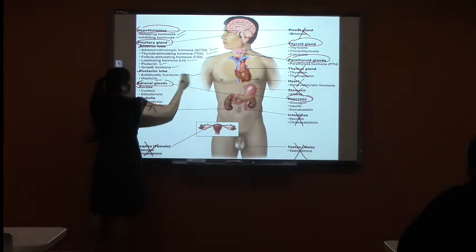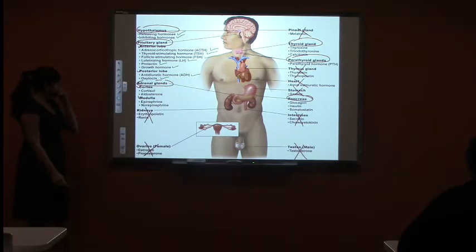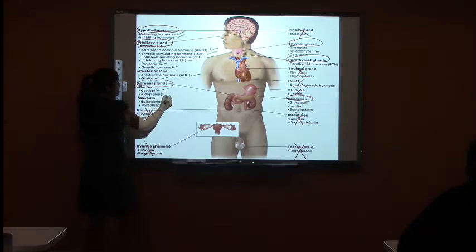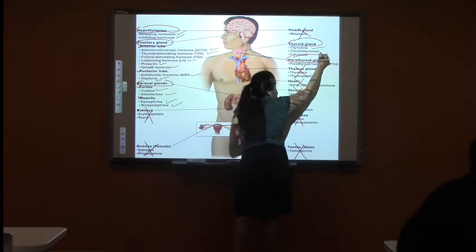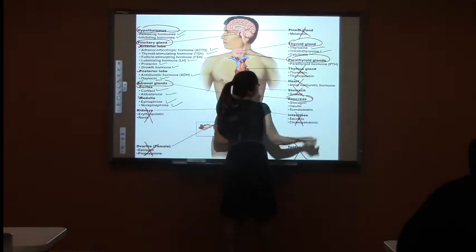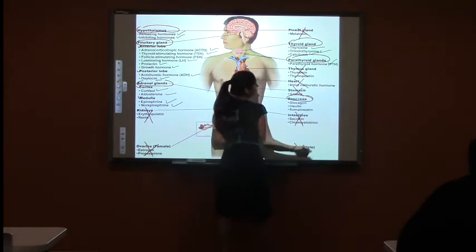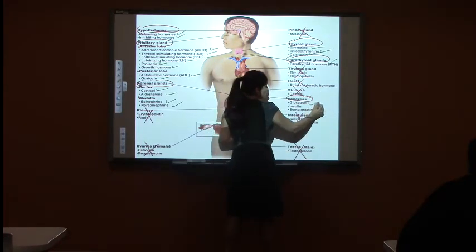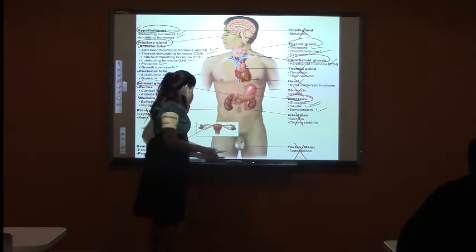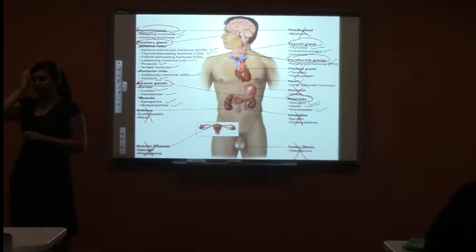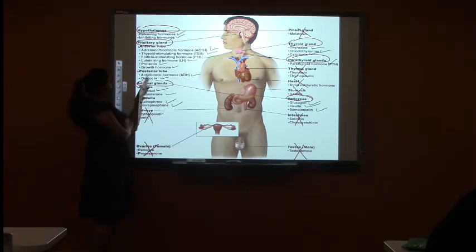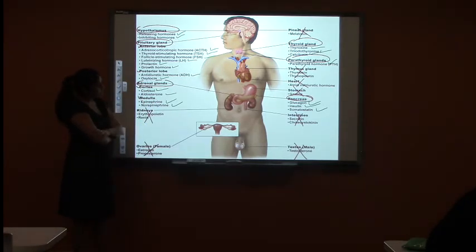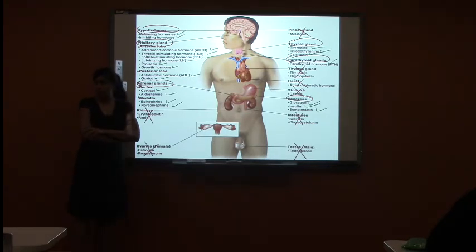The posterior lobe: ADH and oxytocin. The cortex: cortisol and aldosterone. The medulla: epinephrine and norepinephrine. The thyroid gland: thyroxine, triiodothyronine, and calcitonin. Parathyroid hormone. The pancreas: glucagon, insulin, and somatostatin. So for next week's exam, you're supposed to know these glands and these hormones.